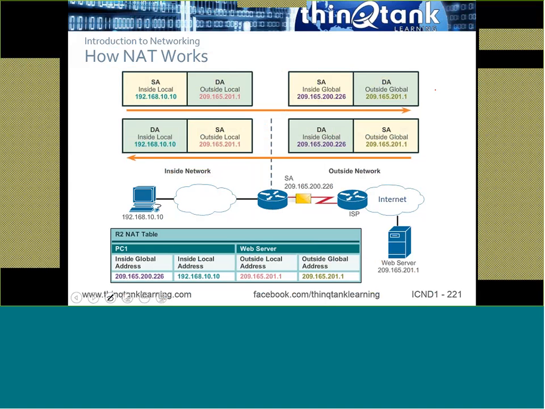So how does NAT work? Well, it's very simple. You have a device that is attached to both the internet and your inside network, and on that device you define your NAT policy. That NAT policy identifies the source of the traffic, and it identifies how that source traffic is represented on the internet.